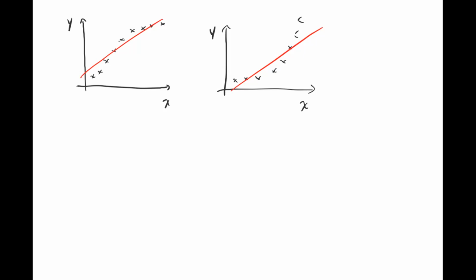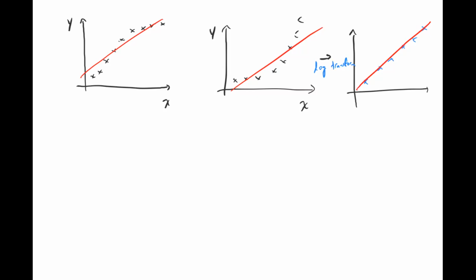But oftentimes, you can transform your x's so that you can do something like a log transform in order to essentially turn your data into a linear functional form so that you can perform a linear regression on it.